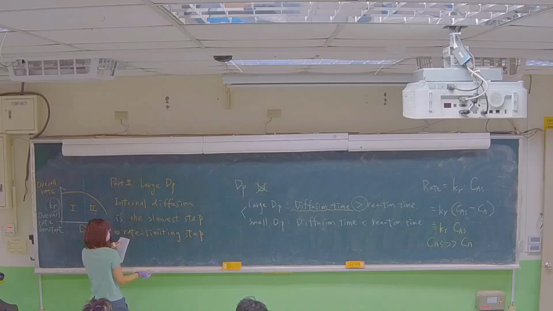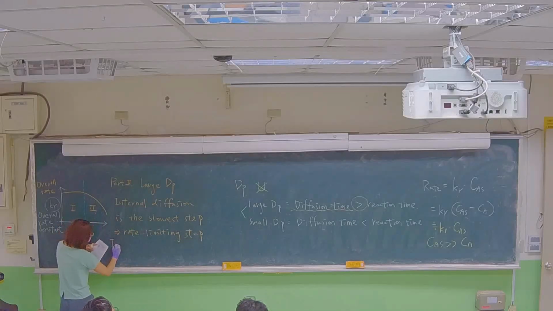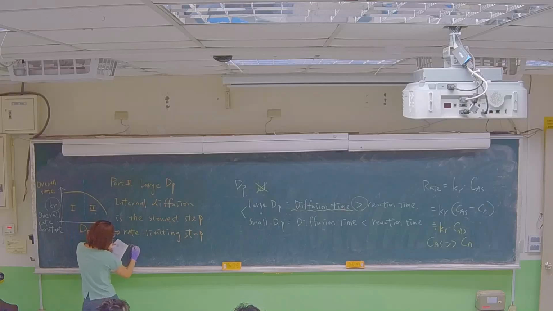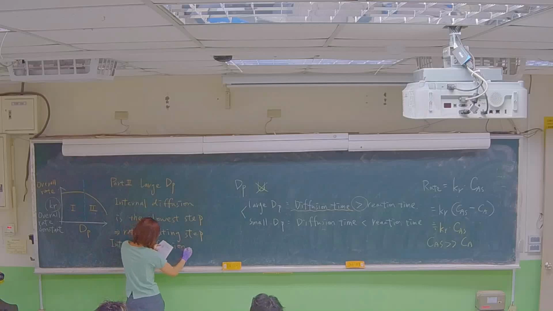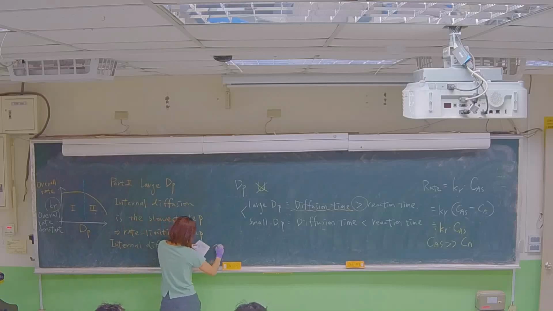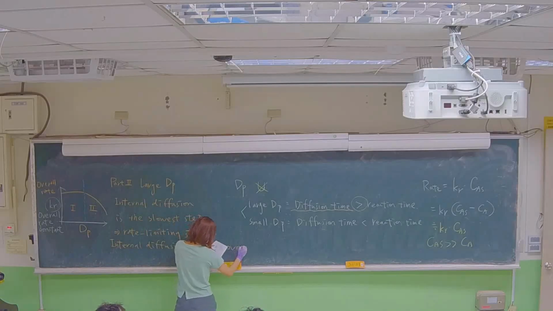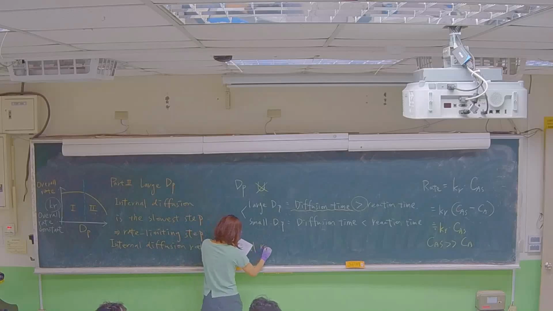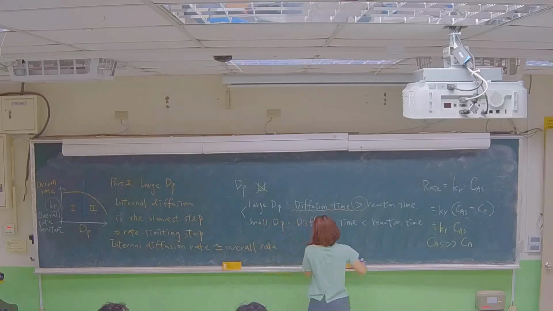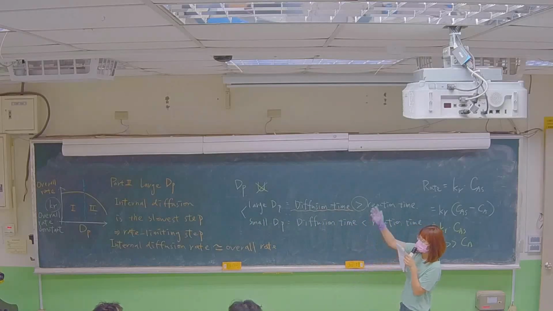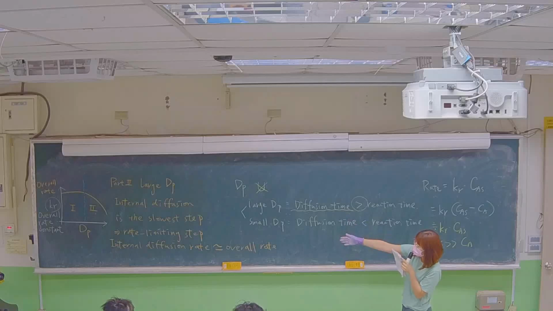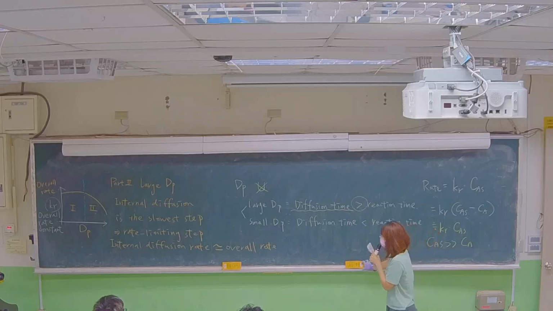So at this step, the internal diffusion rate is almost equal to the overall rate. You can compare this figure with the previous one. Very similar. So the overall rate is similar to the internal diffusion rate here.